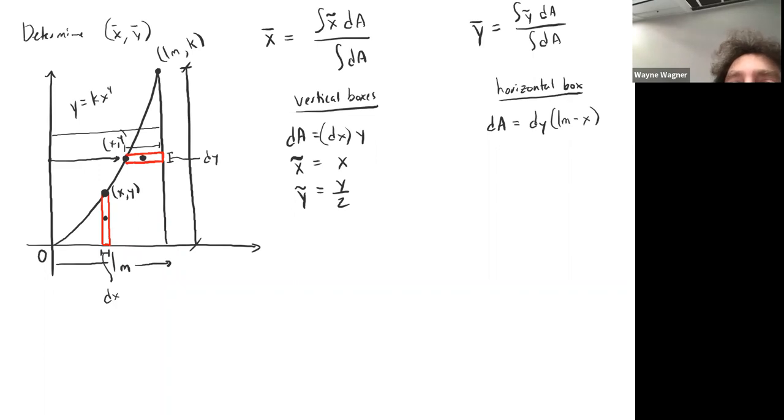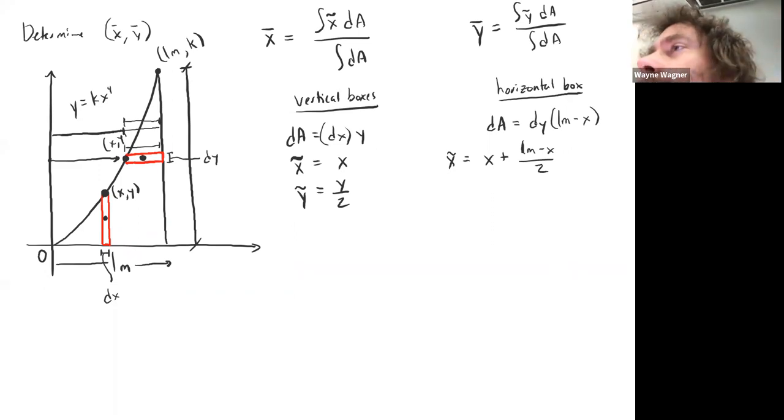How do we do that? I'm going to need a little bit of space here. The x bar equals x plus half of this distance, which is 1 meter minus x divided by 2. If we do some math on that, that's x minus x over 2, so that's x over 2, plus a half.